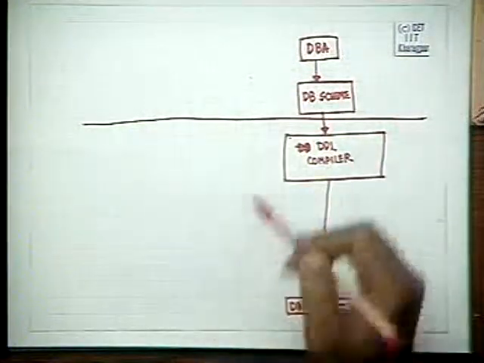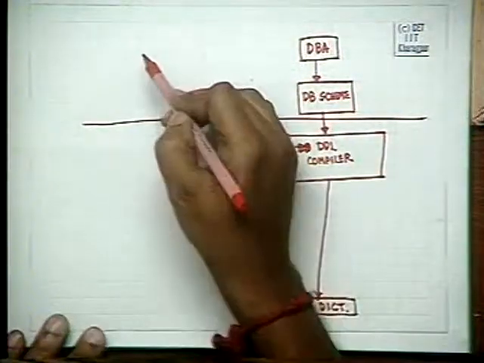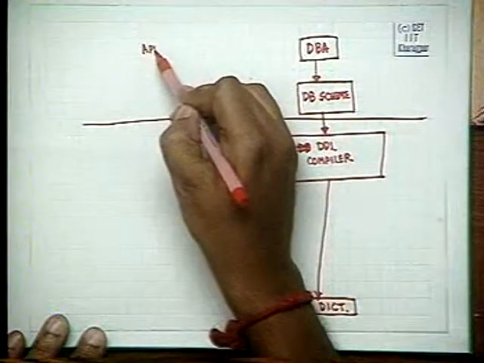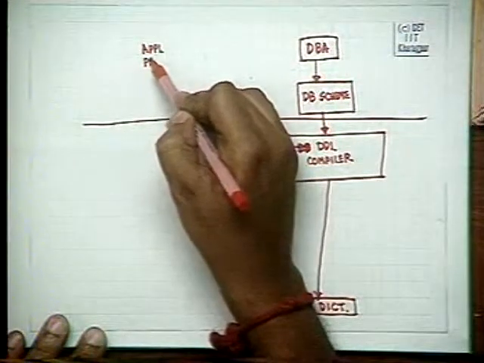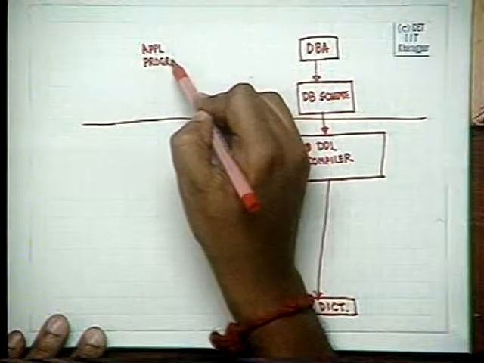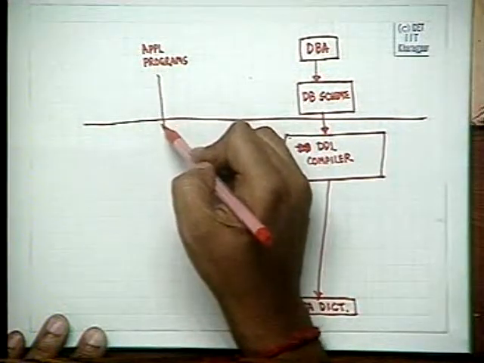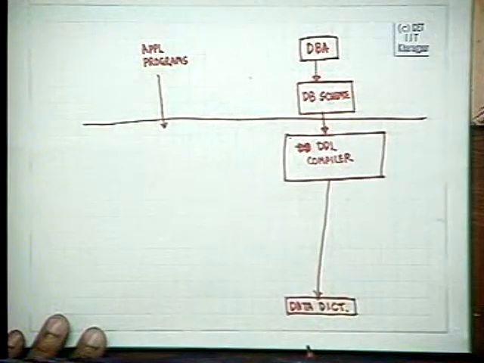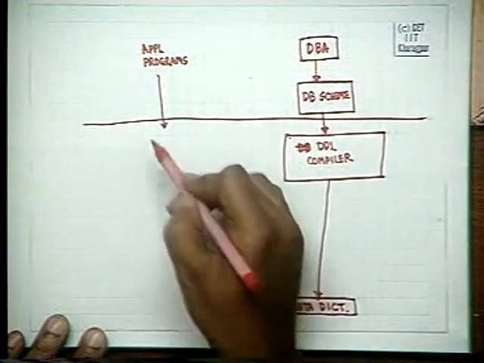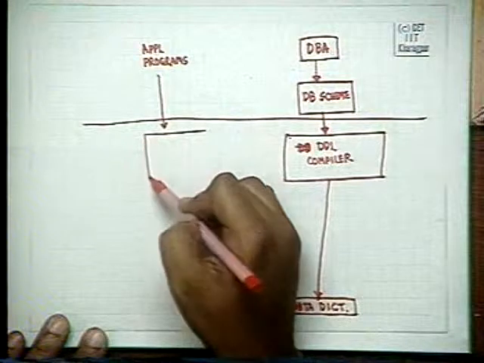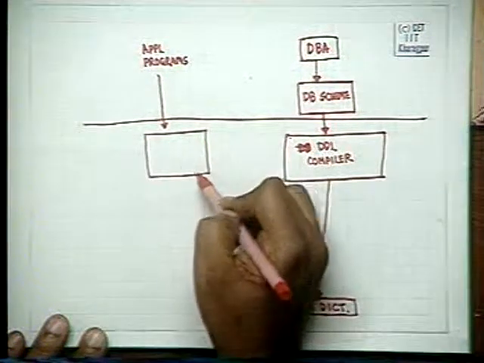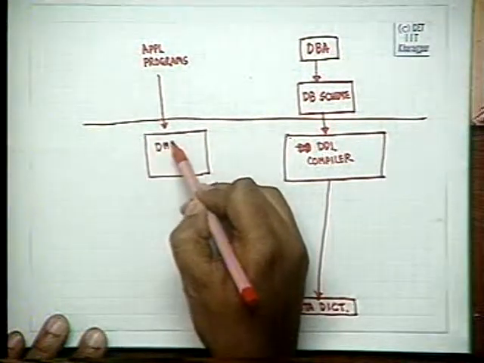Another type of user will write application programs. These application programs will be written using the data manipulation language, and therefore what you need is a DML compiler.